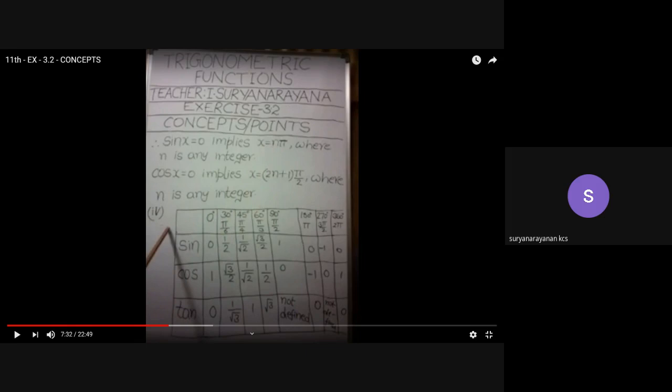Pi by 2, pi, 3 pi by 2, 2 pi, all the multiples of pi by 2. Okay. Minus pi by 2, minus pi, minus 3 pi by 2, all these multiples of pi by 2 are said to be quadrant angles. Remember this point. Okay.